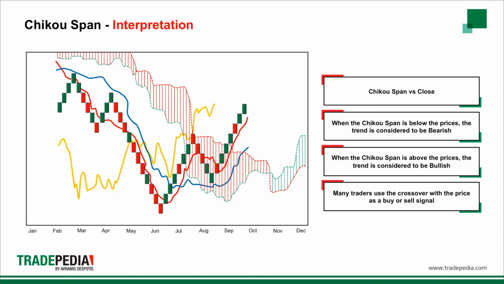When the yellow line crosses above prices, the trend is considered to be bullish. You can see that afterwards there was a change in the trend to move higher. So it's a little bit of a lagging indicator in this case.